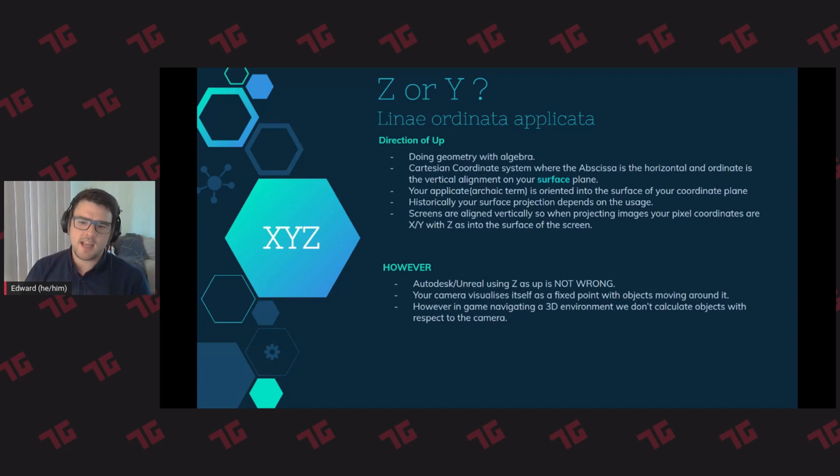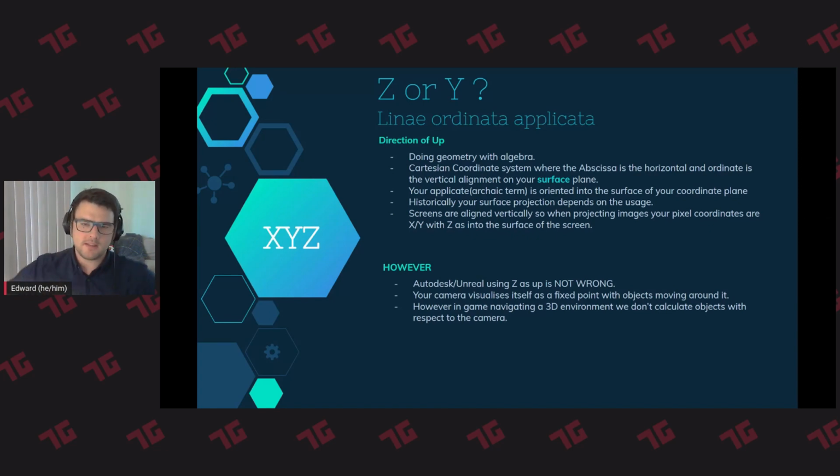That structure is supposed to be oriented towards your surface plane. The applicate, which is not quite the right term, is the 3rd right angle to those planes, which is the projection in or out of your surface.